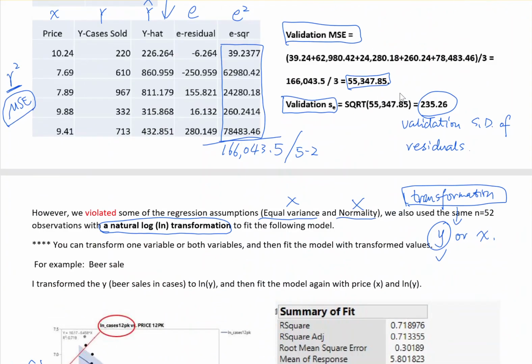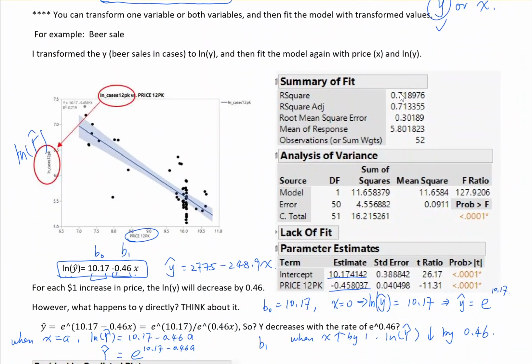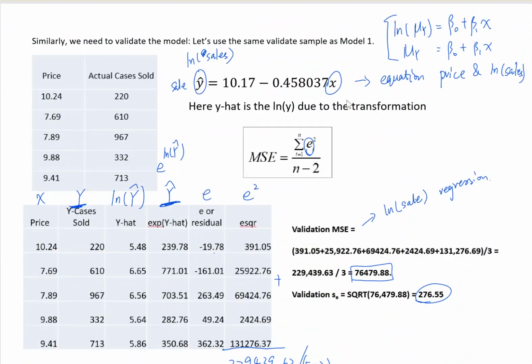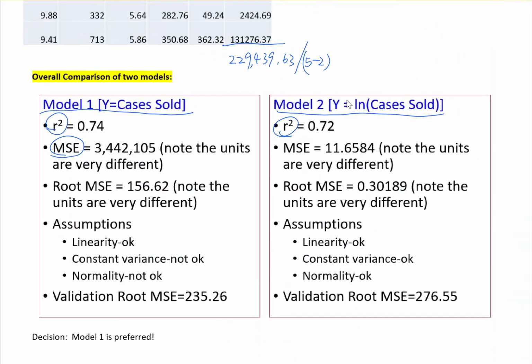And then after the transformation, we have the corresponding R square of 0.7189, right? So in this table, R square for the first one is about 0.74. For the second model, we have about 0.72. It's not a very big difference, right? Okay, now let's compare the MSE.